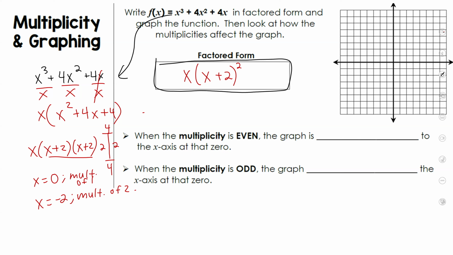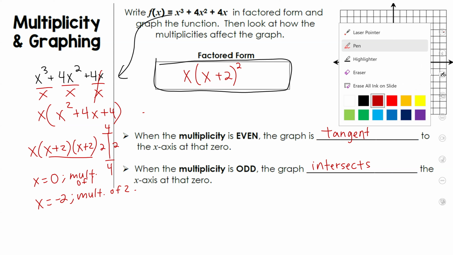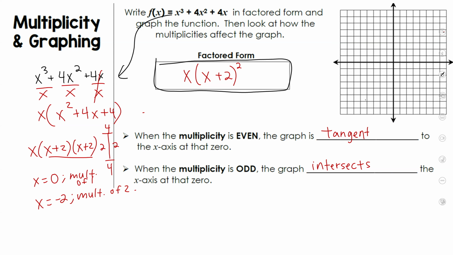When the multiplicity is even, the graph is tangent to that point. When the multiplicity is odd, the graph intersects the x-axis at that point. I'm going to put in parentheses, the word tangent means it doesn't cross. Write that down.